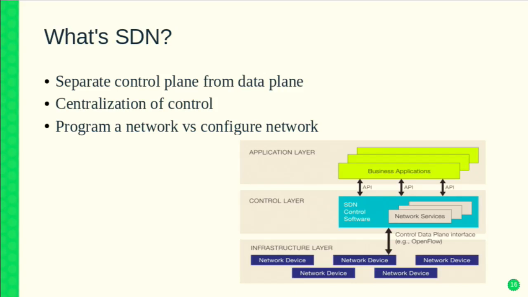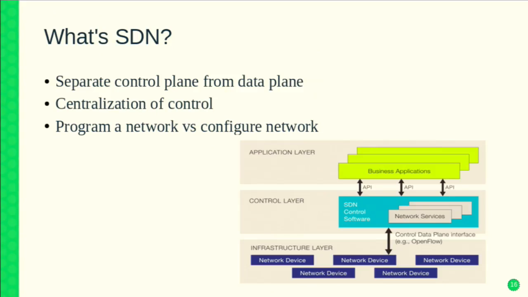You can see here a small diagram. Here you have your business logic, your application layer. Here you have the control layer, and here you find the SDN controller. And then this SDN controller uses protocols to talk with the infrastructure.